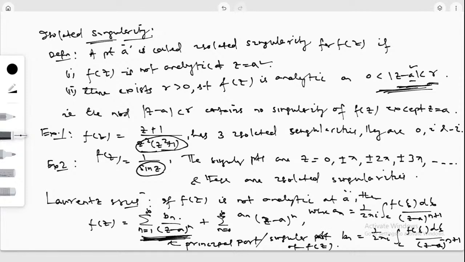So if f of z is not analytic at a, then by the Laurent series expansion you get its expansion in this way, and the negative powers are the principal part or singular part of f of z. Okay. So by considering this singular part of f of z, we can classify the singularity of a function into three types.